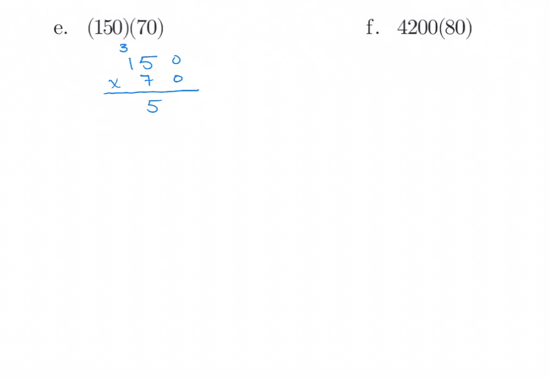Seven times 1 is 7, plus 3 is 10. From there I want to know, okay, how many zeros do I have at the end of my numbers? I have a total of 2. And so that is how many I want to include in my answer. We're going to bring down both zeros. And our final answer is 10,500.